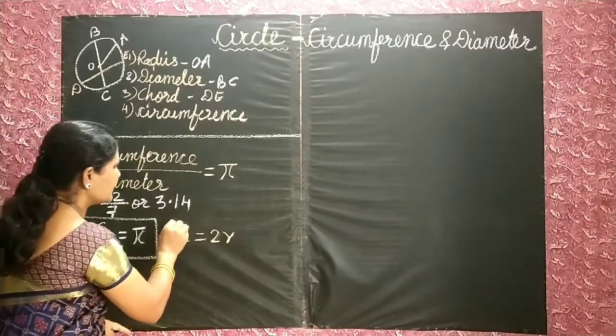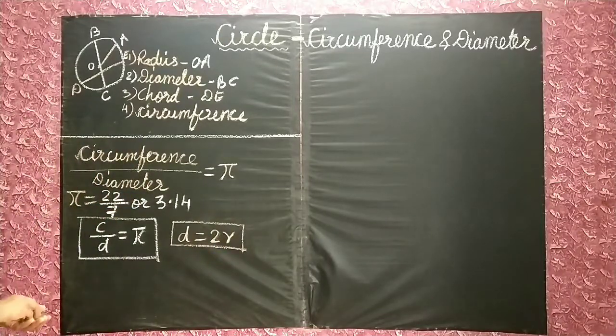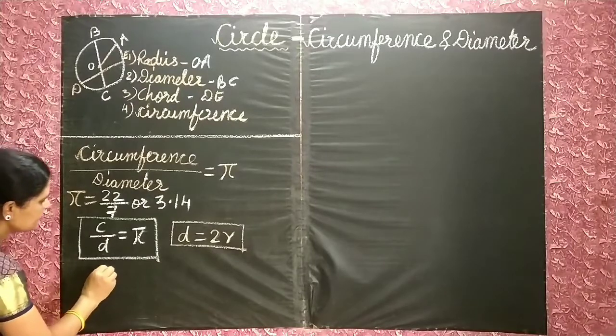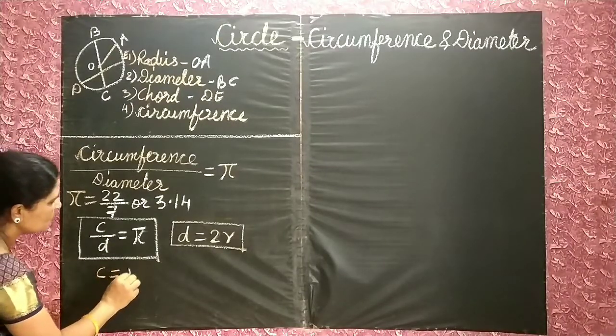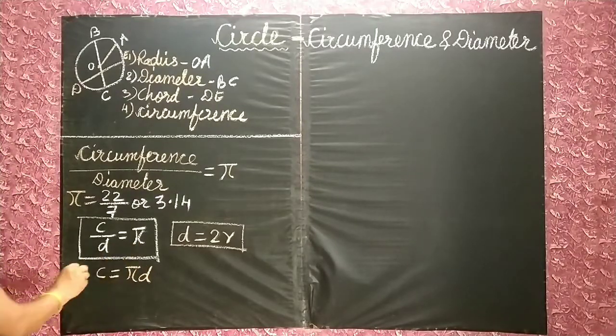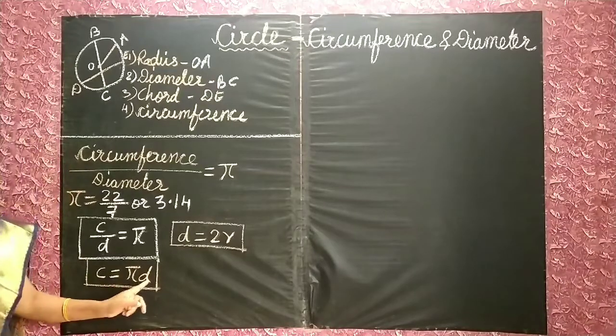This is another formula, D is equal to 2r. Now, circumference is equal to pi d if you take this d to this side.